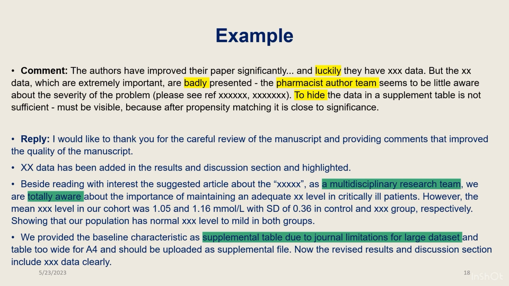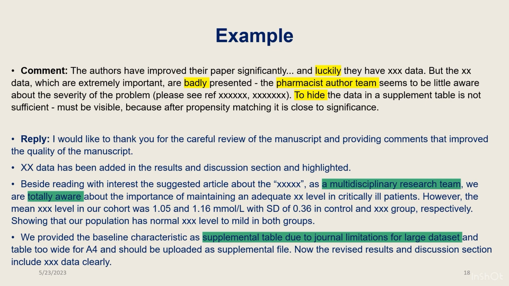And then, regarding the assumption that the authors hid important data in the supplemental table, the author replied that they provided the baseline characteristics as a supplemental table due to the journal limitation on larger data sets, as written in the journal guideline: a table that is too wide is too hard to fit on A4 and should be uploaded as a supplemental file.